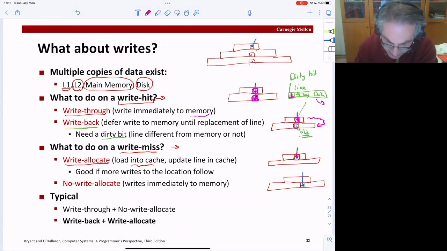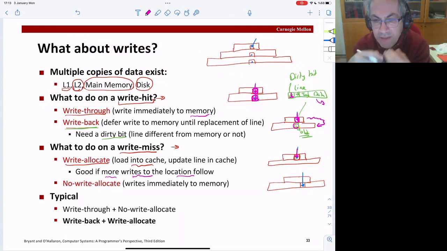This is good if you're going to write at the same location later. Imagine updating some temporary variable like sum plus equals, which you initially declared and after that you'll be writing over and over. Then you can do a write allocate, and all the writes will be done in the cache.